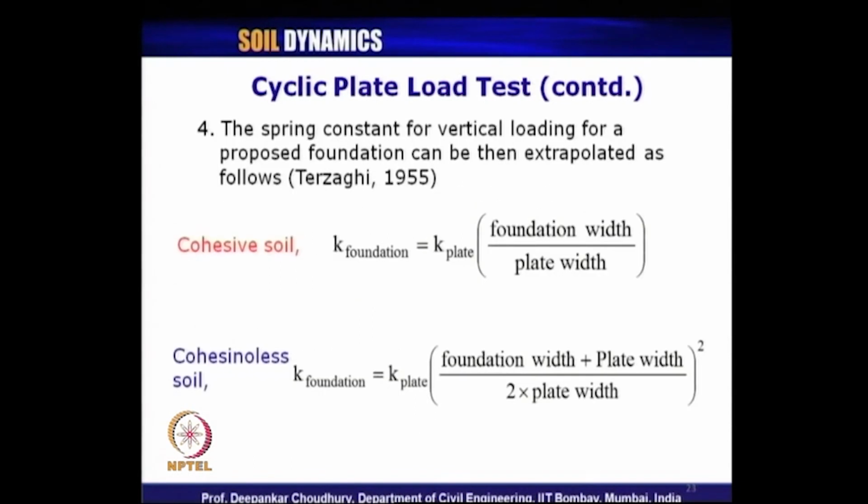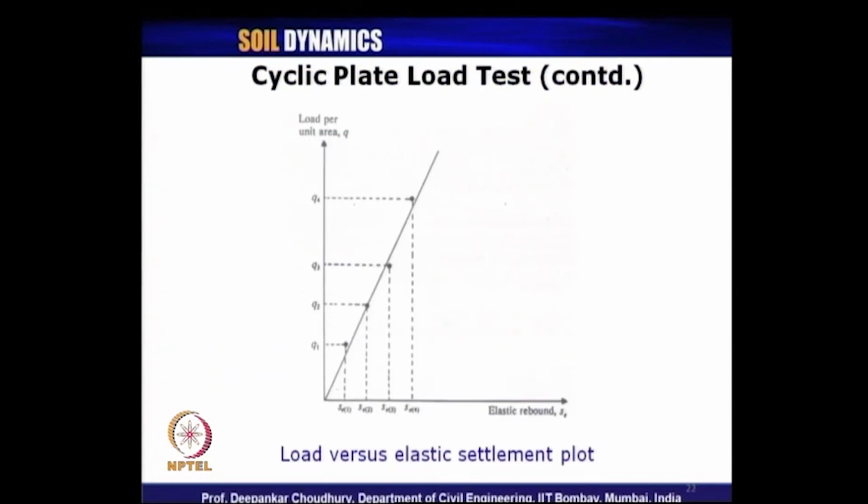So, what does it mean? Let me go back to the picture once again. The slope of this curve is nothing but the dynamic subgrade modulus, and what will be the unit of that? If q is in kilonewton per meter square and the settlement is in meter, that is all SI units, the unit of the dynamic subgrade modulus will be kilonewton per meter cube.